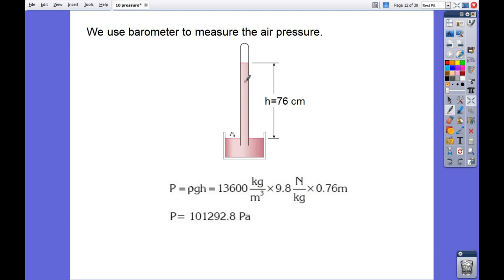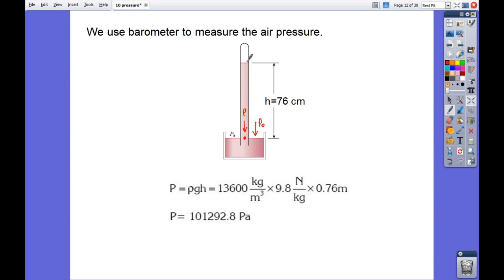As you know, this is actually a liquid. So this liquid at this point has liquid pressure P, and it stops going down because there is air pressure. This air pressure is balancing the pressure of this mercury.